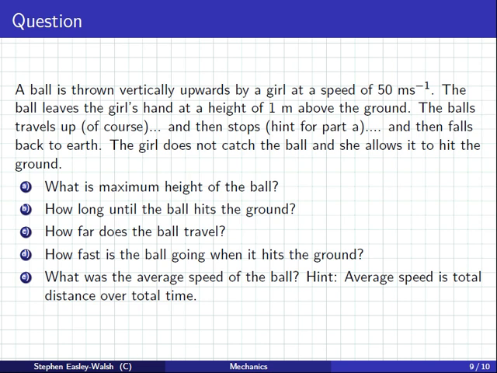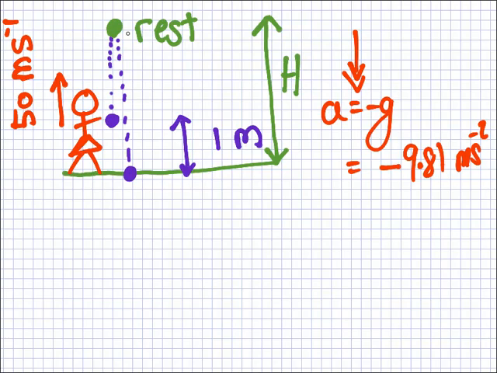50 is the u. What do you mean by falls back to earth? In the picture, the ball falls back to the earth rather than to her hand, but you still mentioned that it hits the ground. Yeah, it hits the ground here.